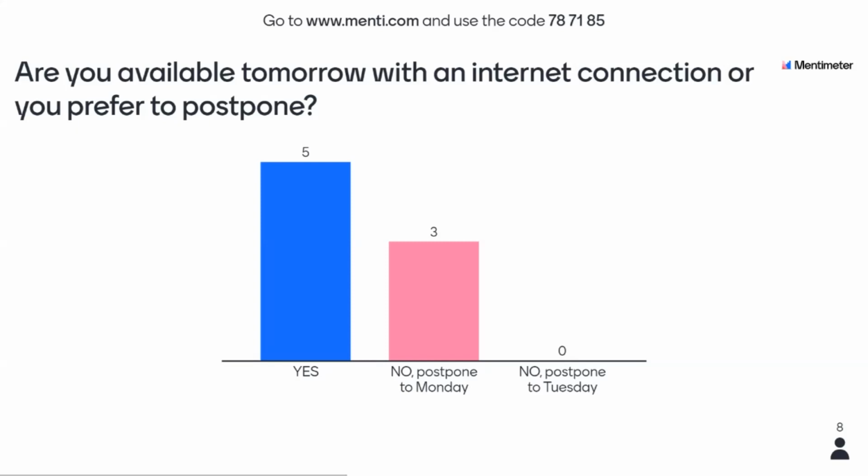But I think if 3 people want to postpone out of 8, we should postpone. And so the decision we will take is to have the training on Monday instead of tomorrow, because it's better that these 3 people, who represent at least a third of the people participating in this program now, will have the possibility to attend live and put their questions.